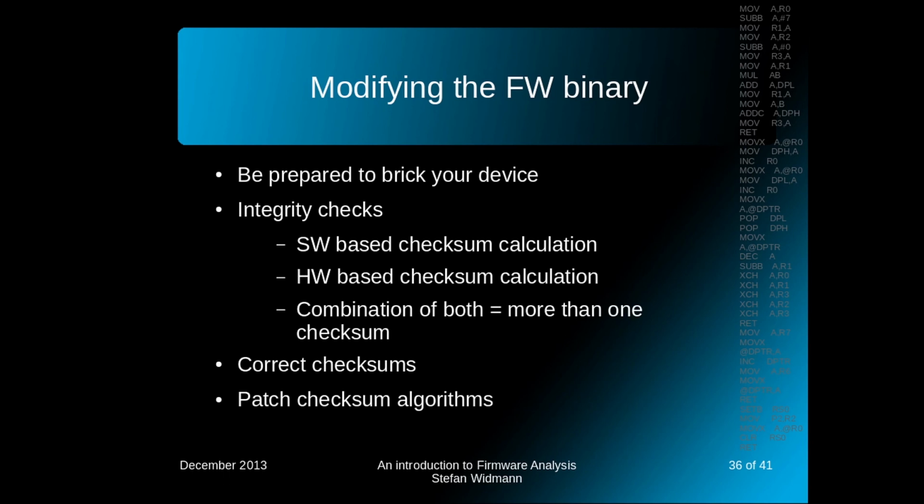It can be a combination of both, being done, for example, only on startup or cyclically in the background. So what we have to do if we modify the firmware is either correct those checksums, or we have to patch the checksum algorithms not to trigger.